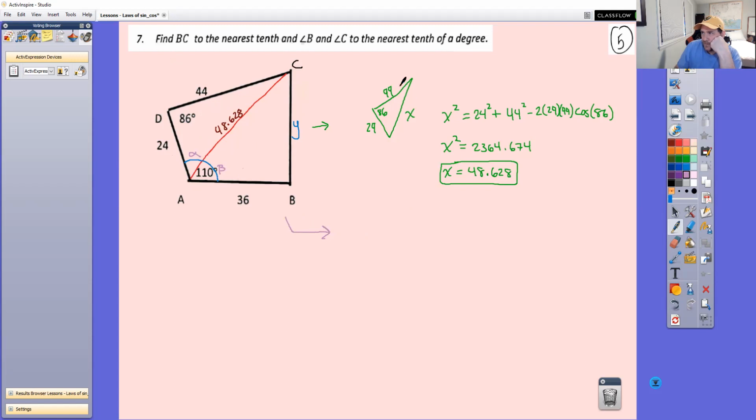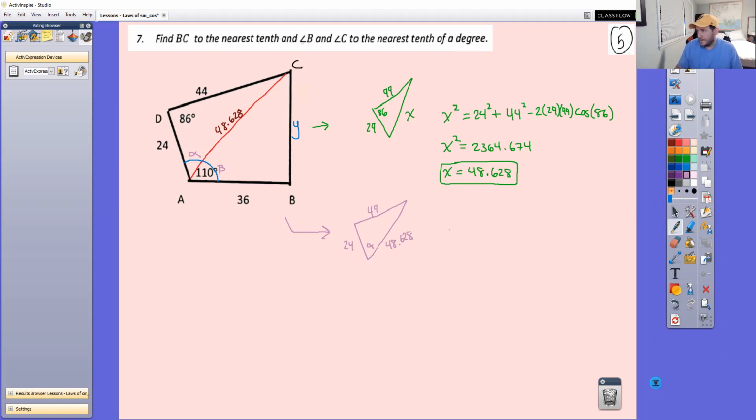And we're going to still grab this same triangle, DAC. And this time what we're after is alpha. So we've got the 24. We now have the 48.628. And we have the 44. So this time we have to write another law of cosines equation.